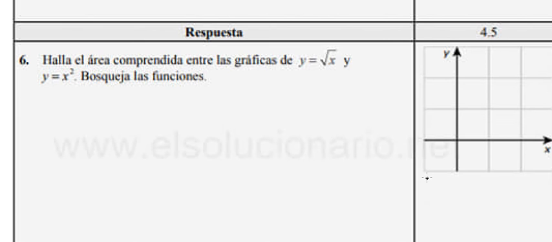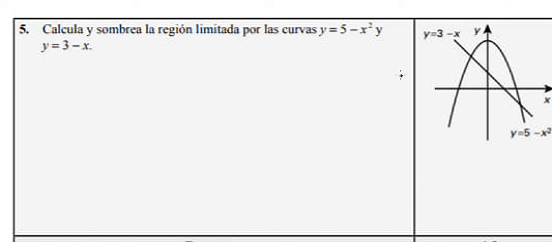Now let's go to the next one. Question number 5. We have the graph and the line in here. So we have the line and the curve. We need to find the intersection in here and here. So we have 5 minus x squared equal to 3 minus x.